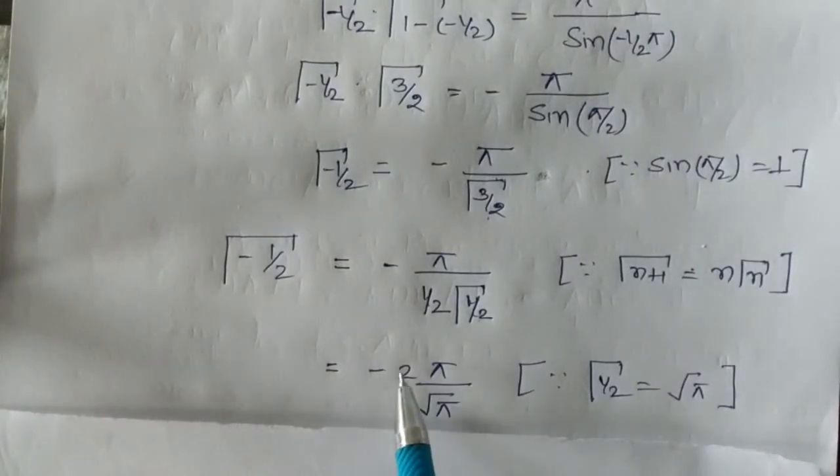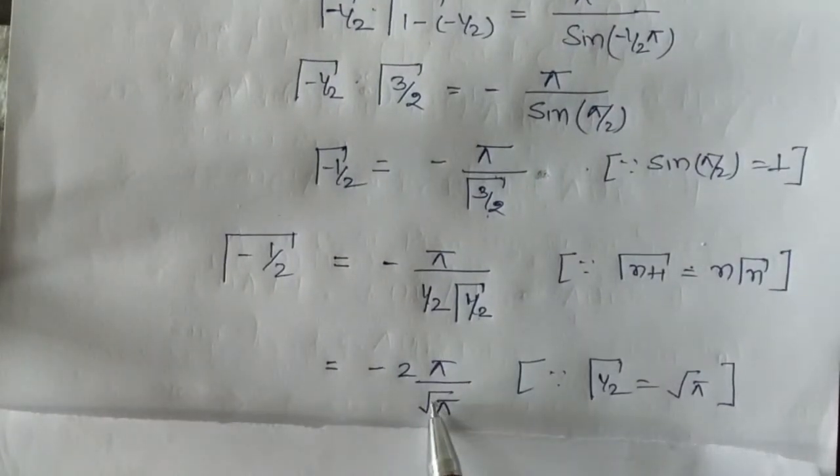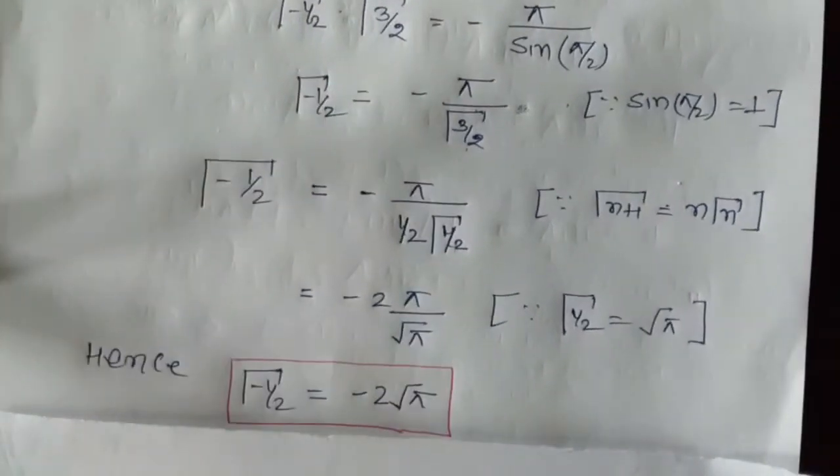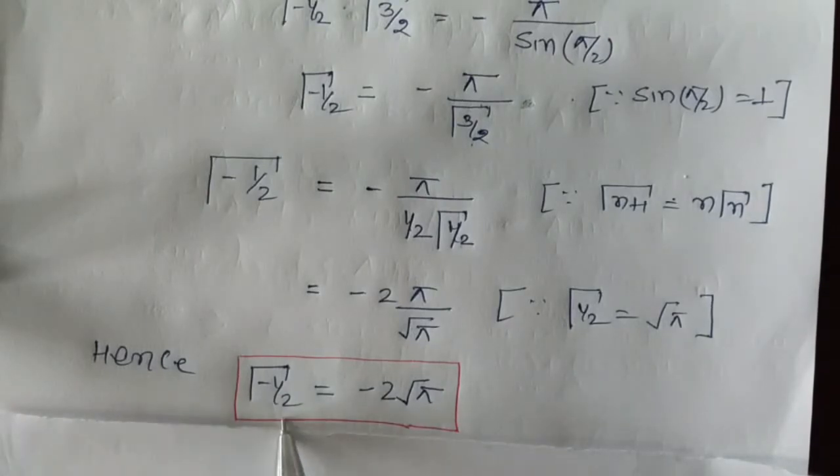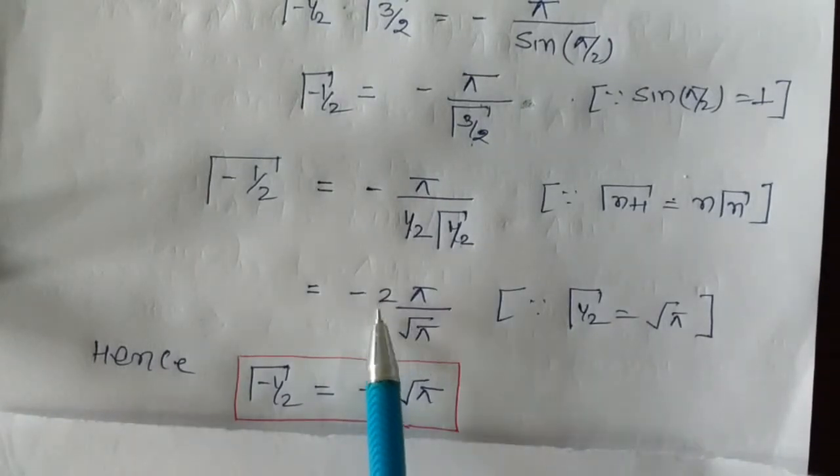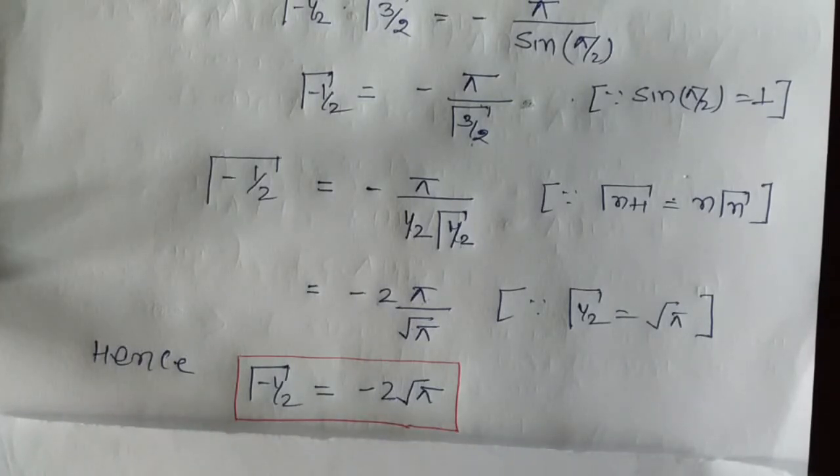So we have minus 2 pi upon root pi. So here pi by root pi becomes root pi. So finally we have the value of gamma minus half is minus 2 root pi. So this is the value of gamma minus half.